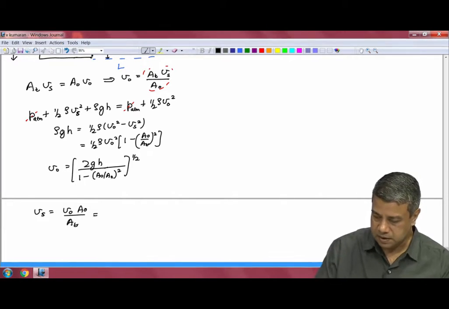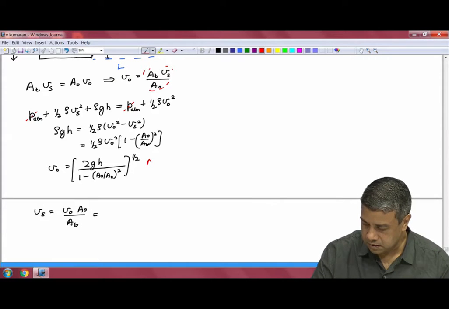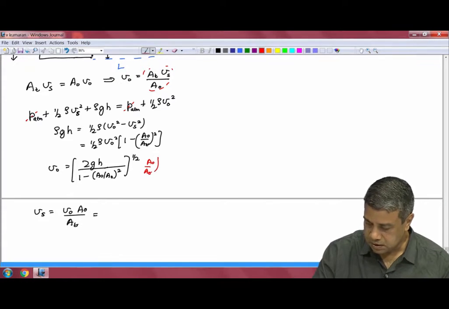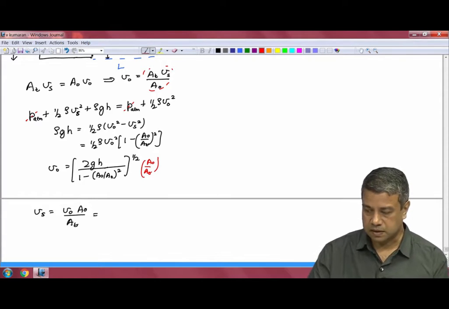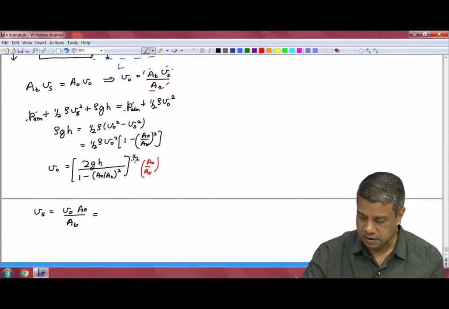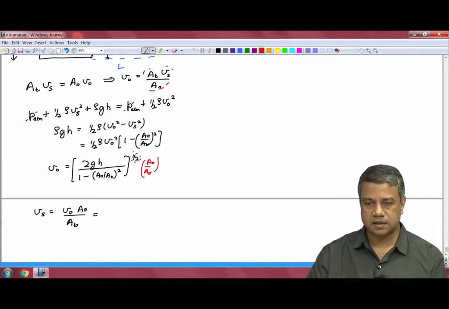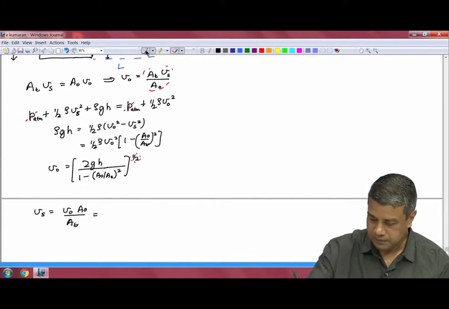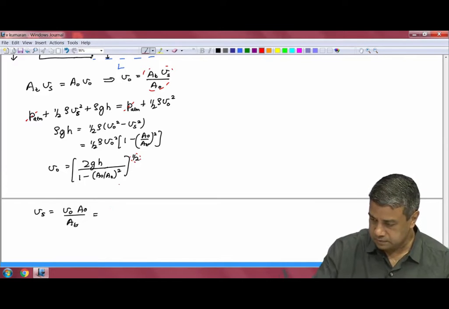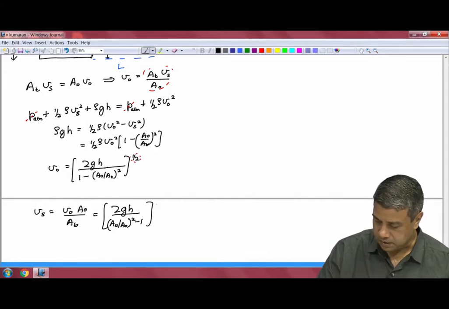I multiply this by A0 by At, which is equal to multiplying the denominator by At by A0. Note that there is an exponent of half over here, so within the brackets I will multiply it by At by A0 the whole square. This turns out to be equal to 2gh by ((At by A0) the whole square minus 1) whole power half.